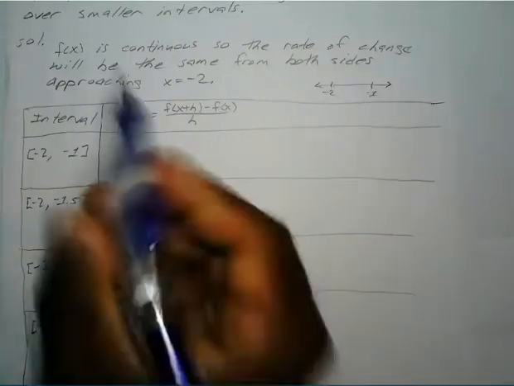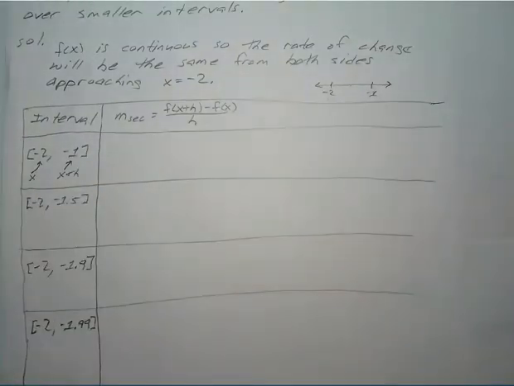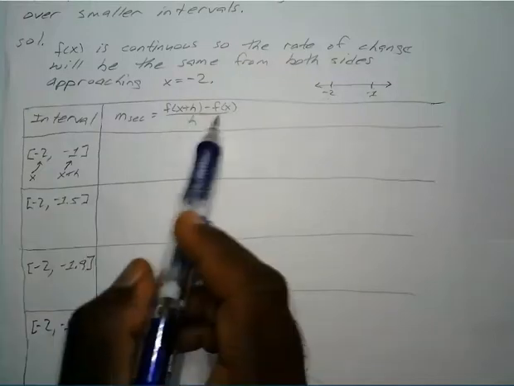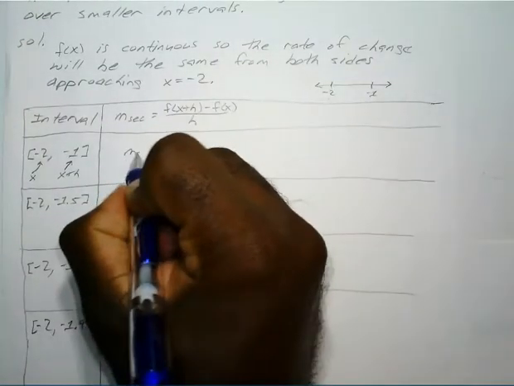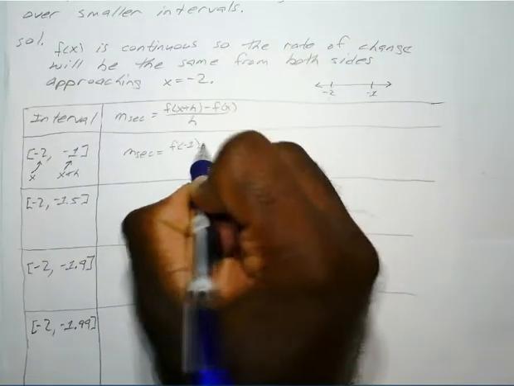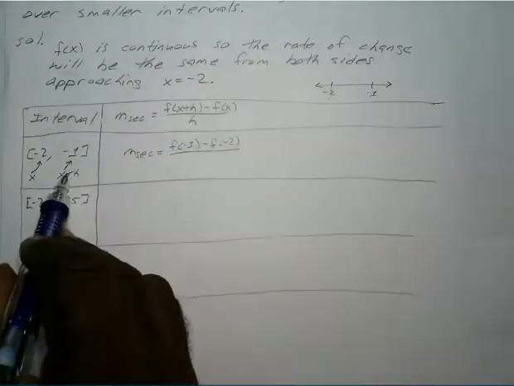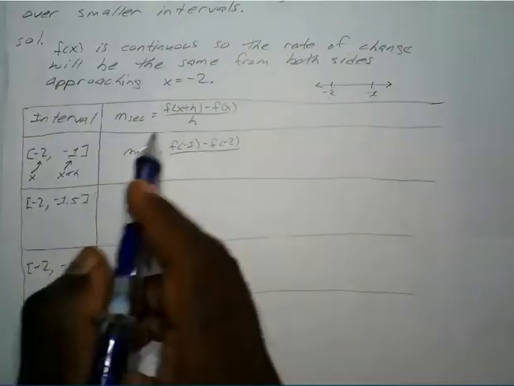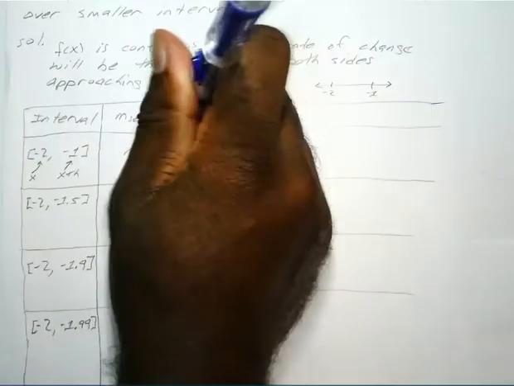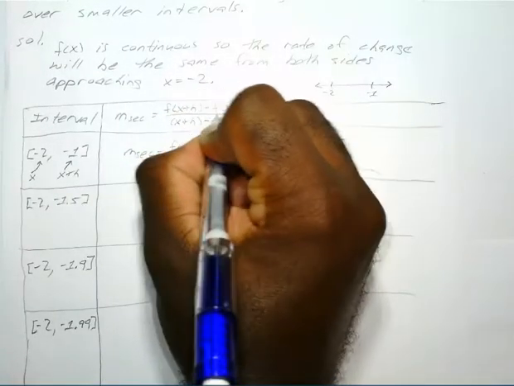So in this case, this is our x, and this is our x plus h. So we're going to go ahead and plug it into our formula. So f of x plus h is just f of negative 1 minus f of negative 2 all over your h, well, x plus h. Well, actually, this might be a little easier if we do the x plus h minus x.